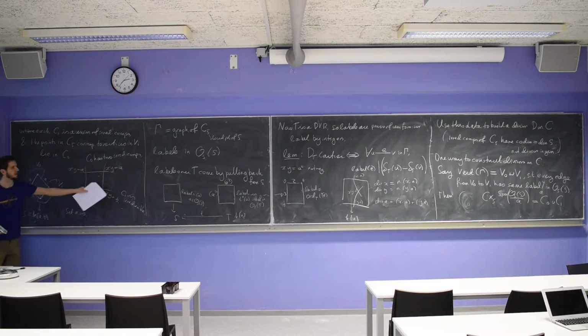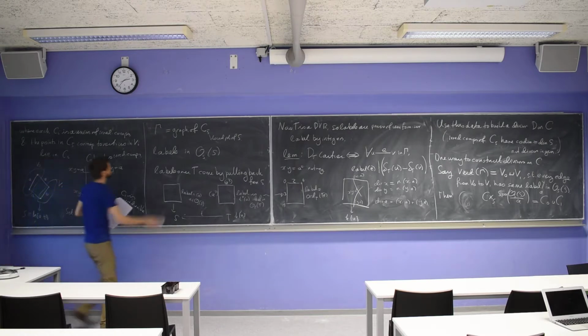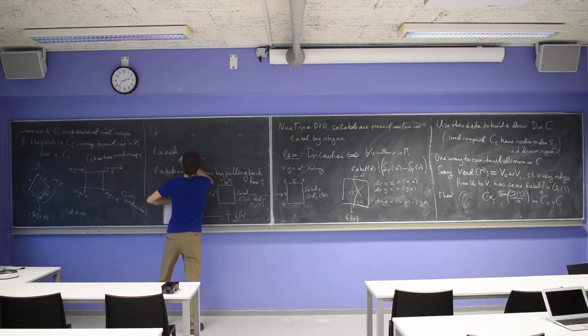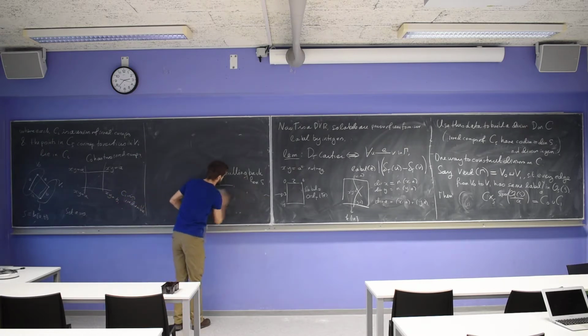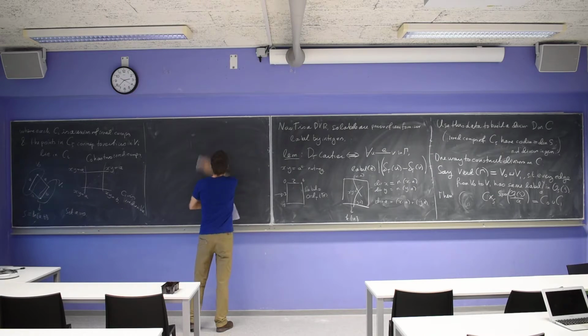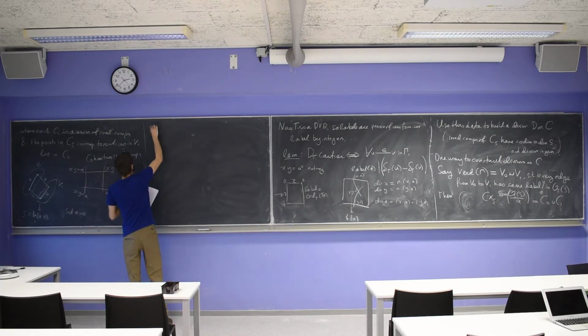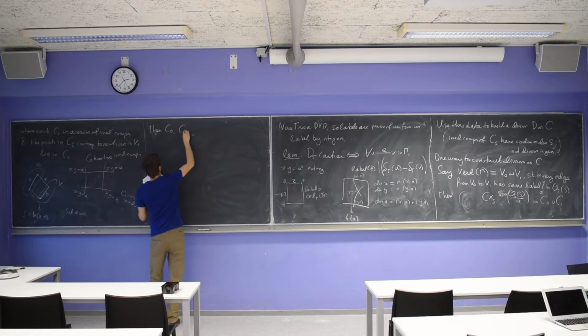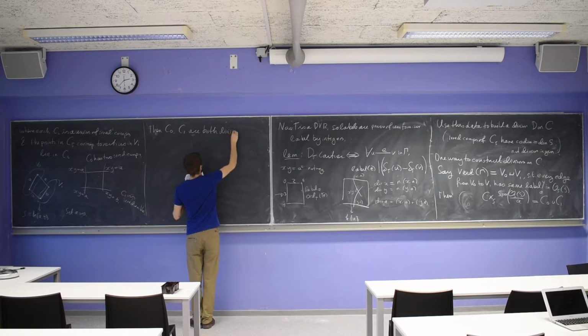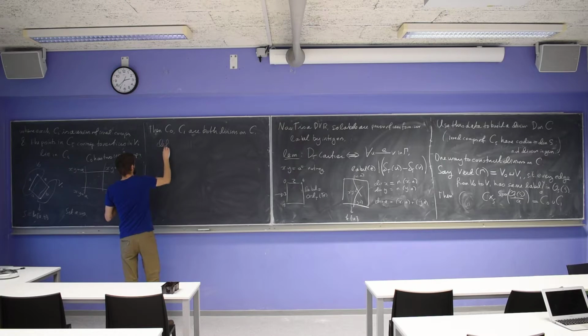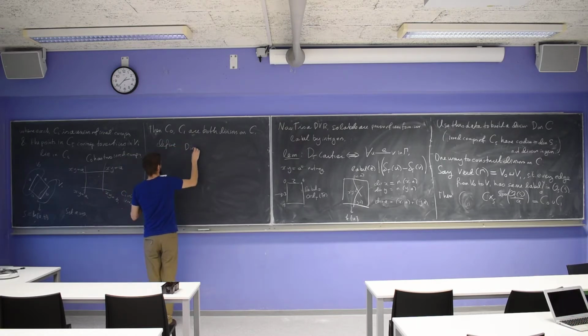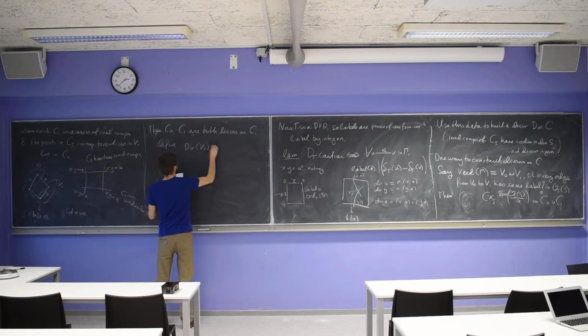So C0 and C1 are both divisors on C. And we define the divisor D for V0 to be C0, and therefore D for V1 is C1.